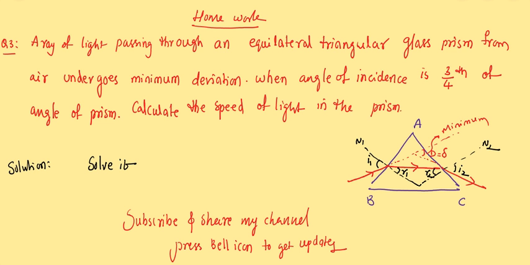A ray of light passing through an equilateral triangular glass prism from air undergoes minimum deviation when the angle of incidence is 3 by 4th of the angle of prism. Calculate the speed of light in the prism. This is our question. You solve it. If you have any doubt, you can ask me.